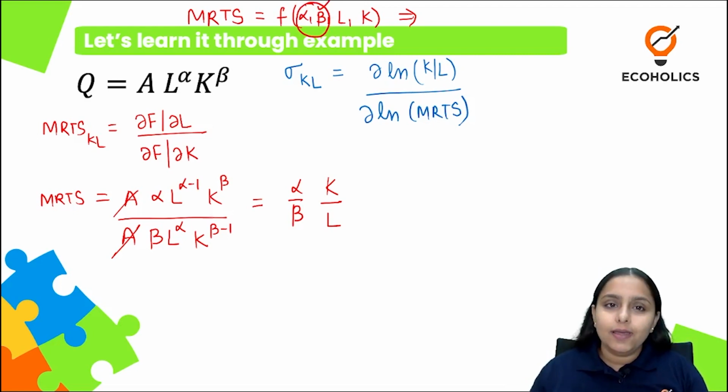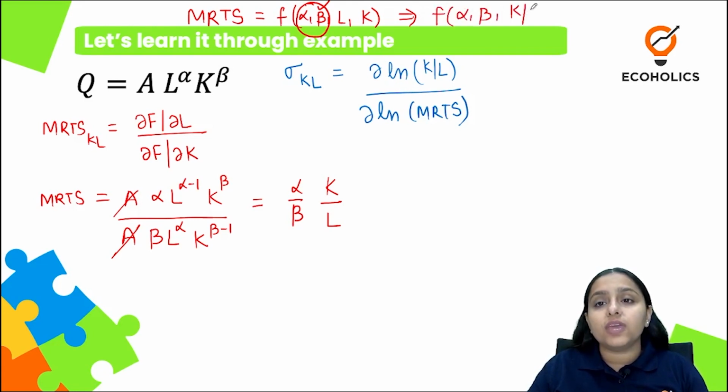Just convert the K and L terms into the form of K by L. So you convert them into per capita terms, basically, K by L. If you do that, nothing can stop you from getting full marks in the question of elasticity of substitution.